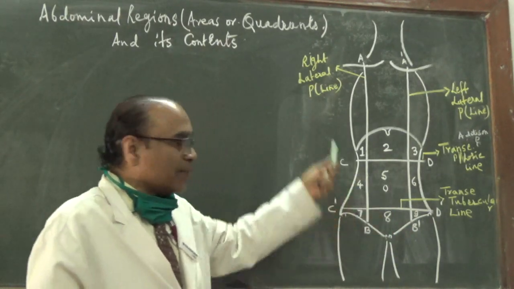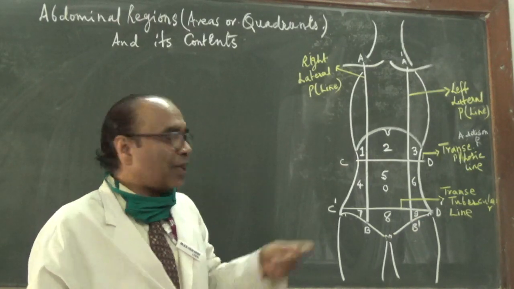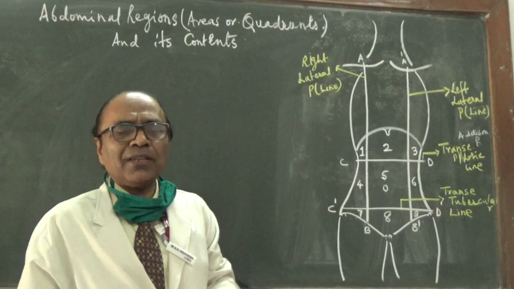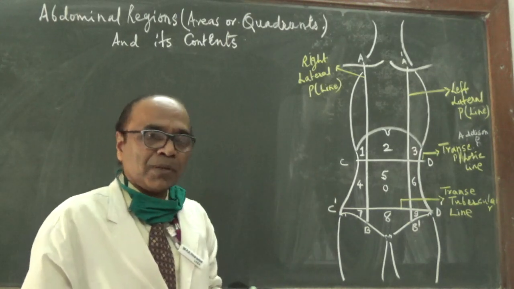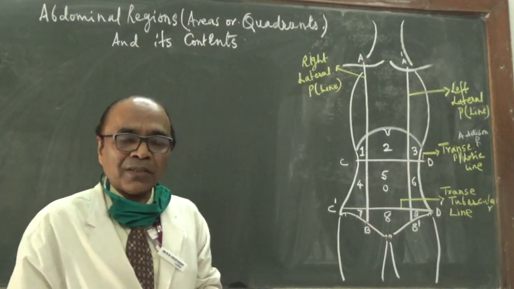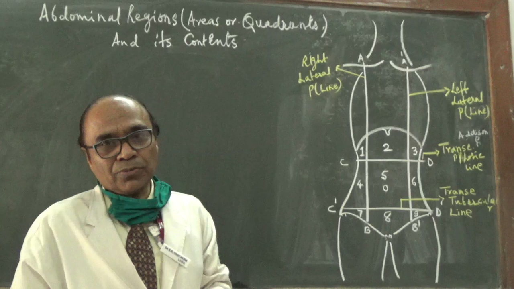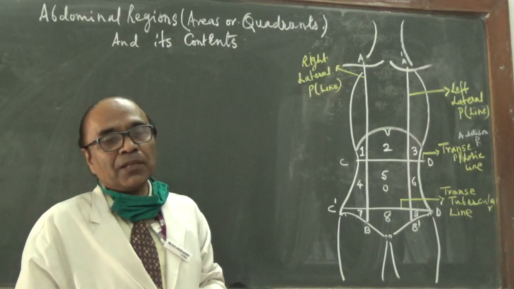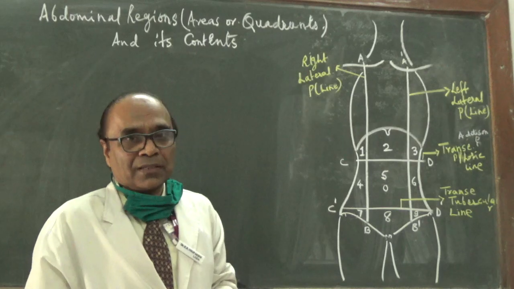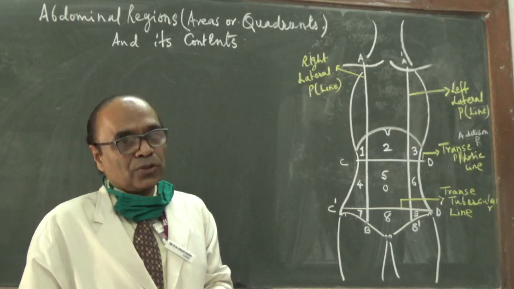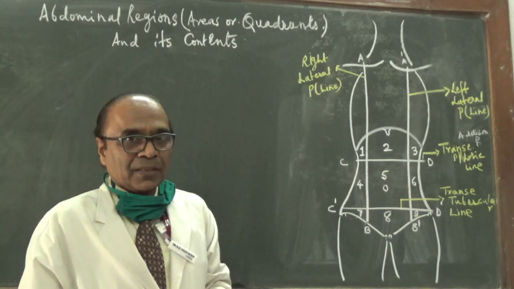Now these two lines are parallel to the median plane, so they are called sagittal planes, the right lateral line or plane and left lateral line or plane. They may also be called the right mammillary line and the left mammillary line, because they pass through the mammillary gland.